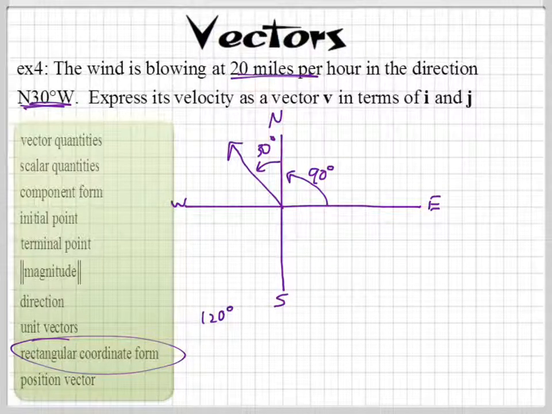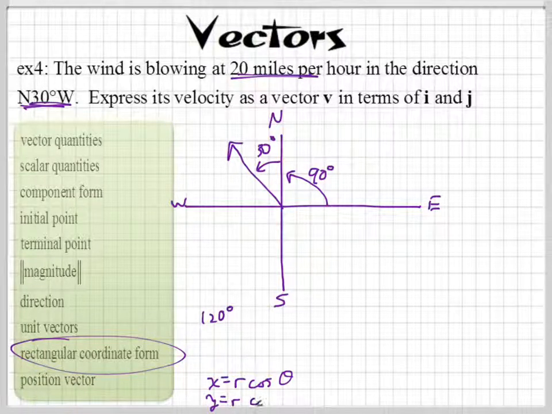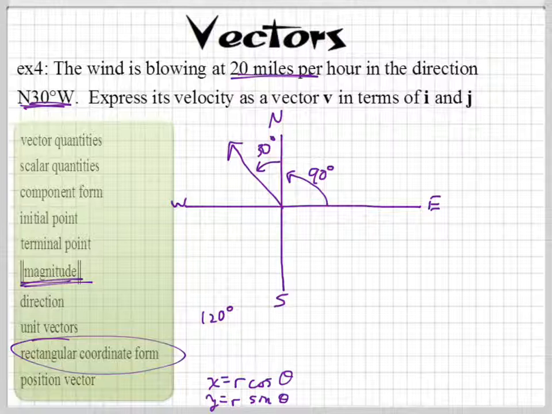If you remember polar coordinates, which we just hit up, x equals r cosine theta, right? And y equals r sine theta. Now, what is r in this case? When we're talking about vectors, r is magnitude. That's our r. So in order to write this, let's do the i one first. The i one is going to be for your x.